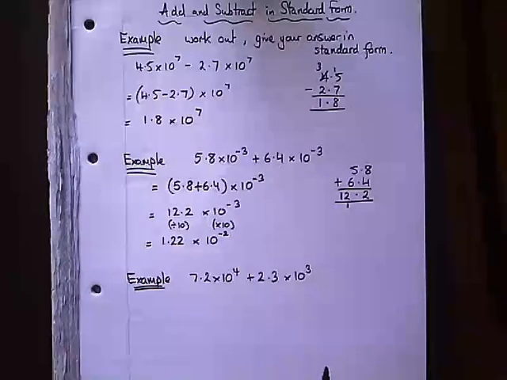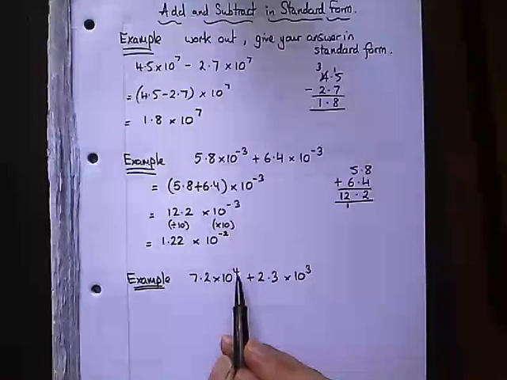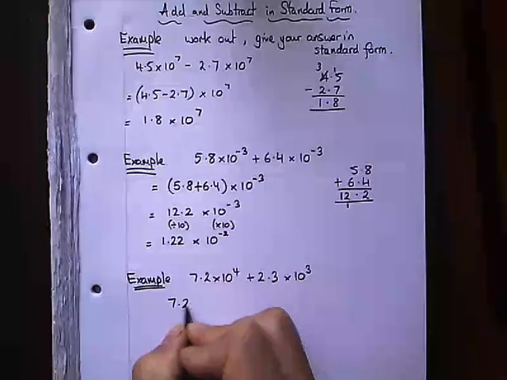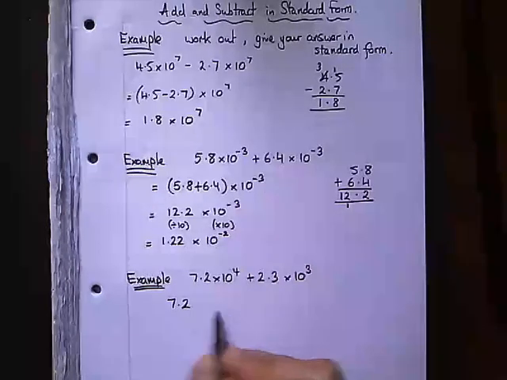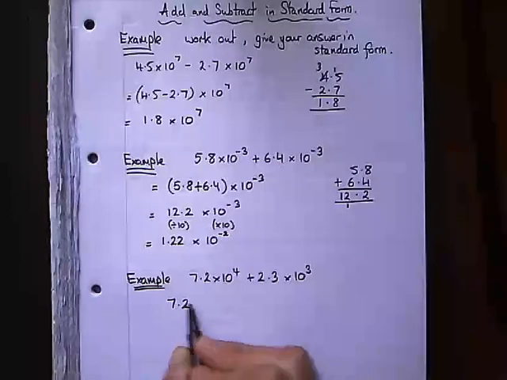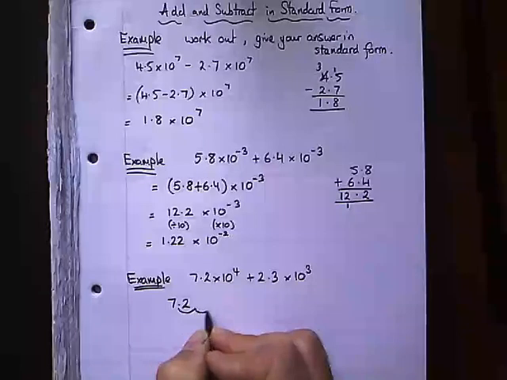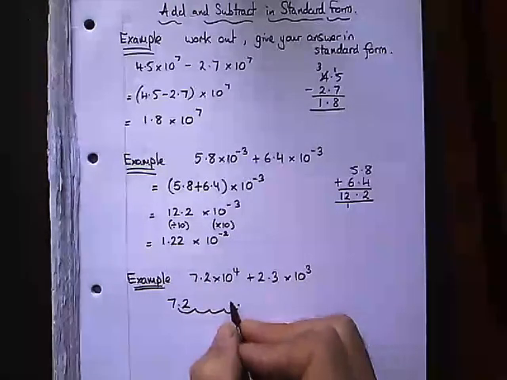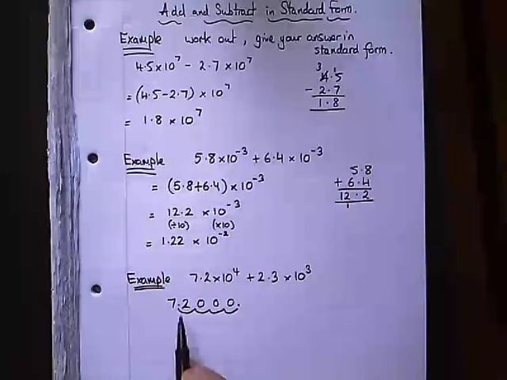So 7.2, and then I'm going to times it by 10 4 times. That means I'm going to move the decimal point and make the number bigger. So to make the number bigger, I move the decimal point to the right, because then I can pop in lots of zeros. So I've got to move it once, twice, 3 times, 4 times. So the decimal point now goes there, and I pop a few zeros in. So I've actually got 72,000.